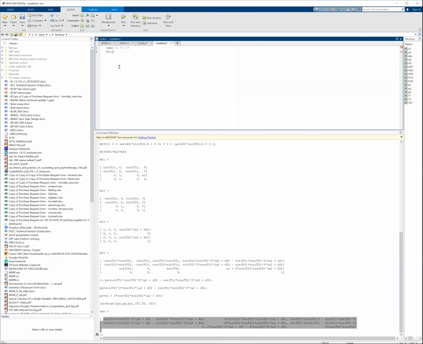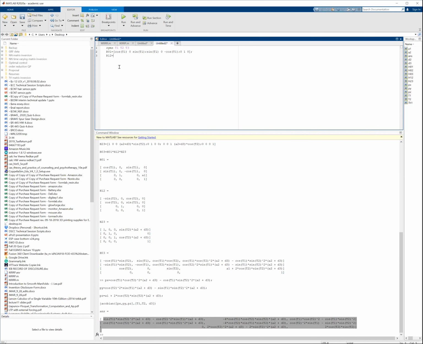R01 is cosine T1, 0, sine T1, sine T1, 0, minus cosine T1, 0, 1, 0, 0, 0.